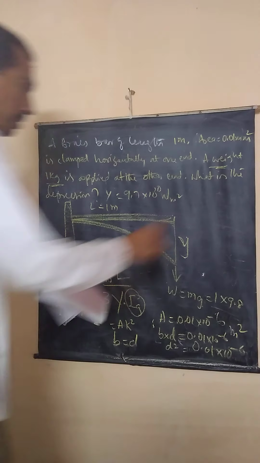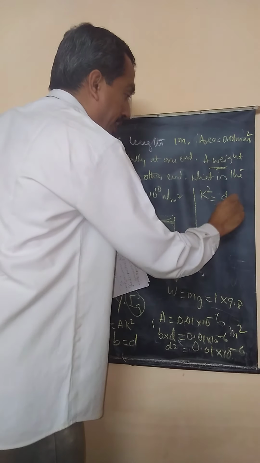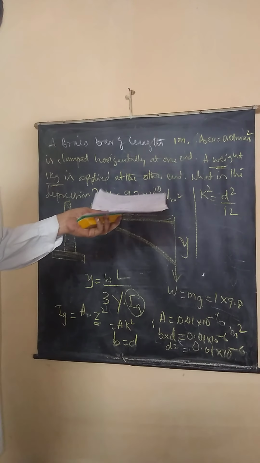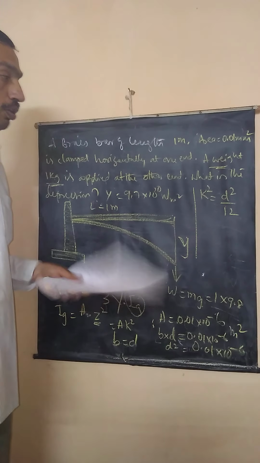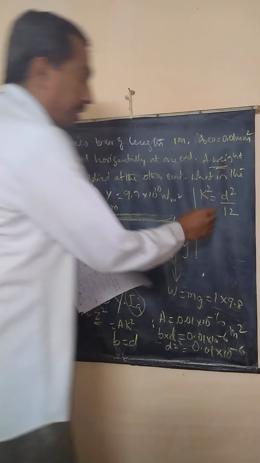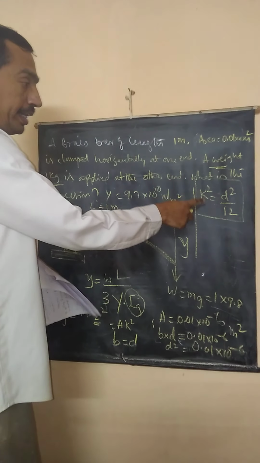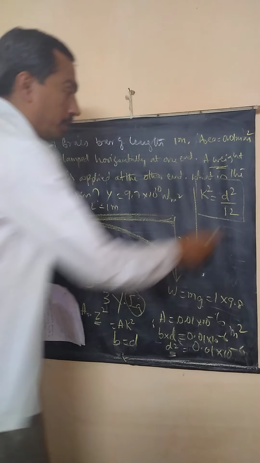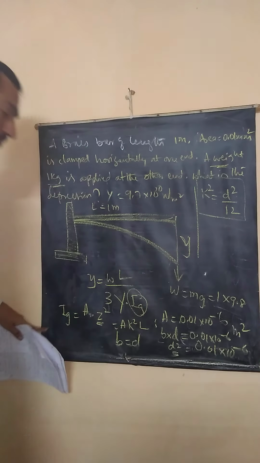Now, see here, K square, radius of gyration for a rectangular cross section. While discussing bending moment, we have done two cases, rectangular cross section and also circular cross section. For rectangular cross section, by definition, we can prove that radius of gyration K square or Z square is D square by 12. D square, you know, substitute here, calculate K square and substitute here Ig.